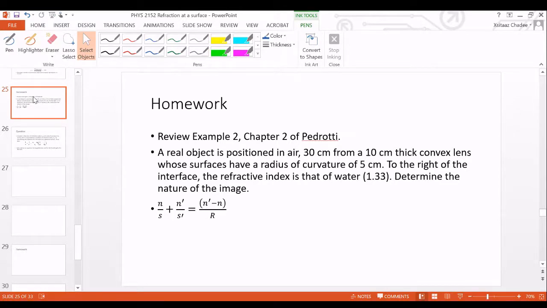You have a real object positioned in air 30 centimeters from a 10 cm thick convex lens, whose surfaces have a radius of curvature of 5 centimeters. To the right of the interface, the refractive index is that of water. Determine the nature of the image.